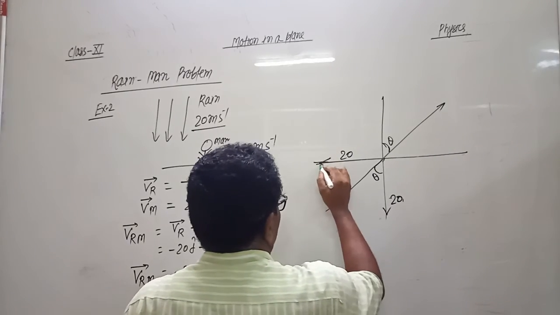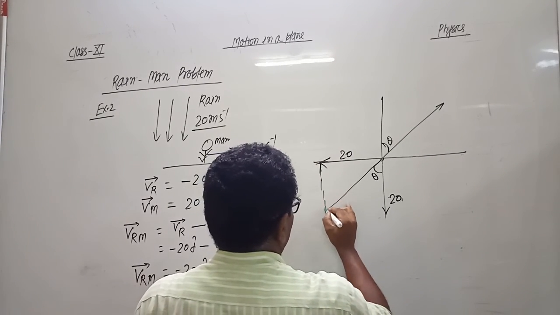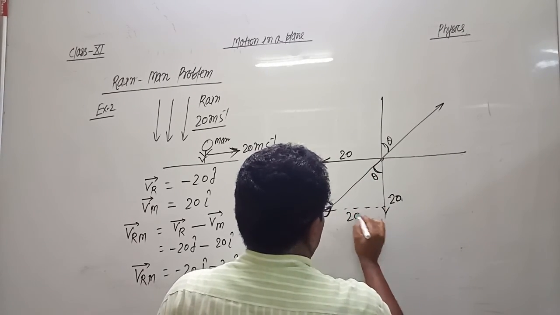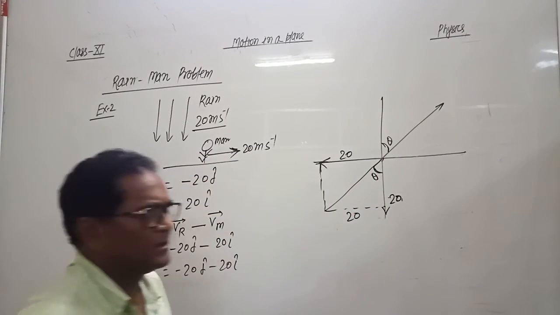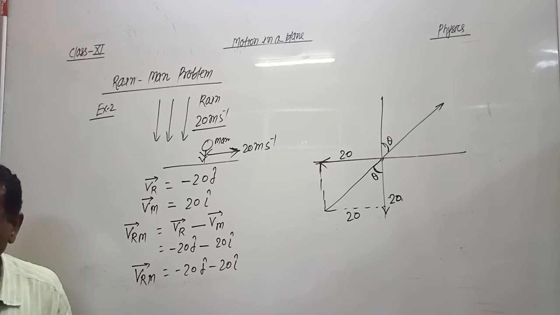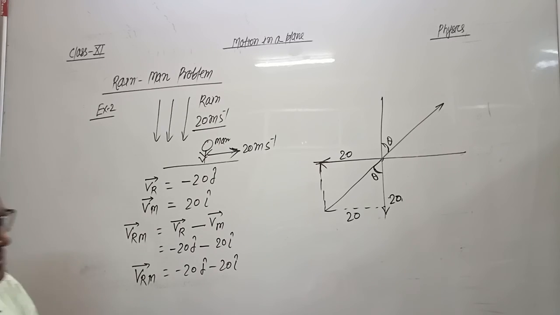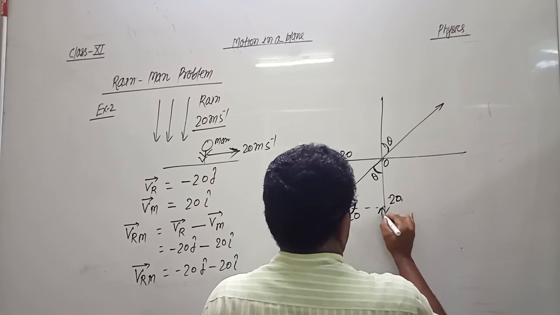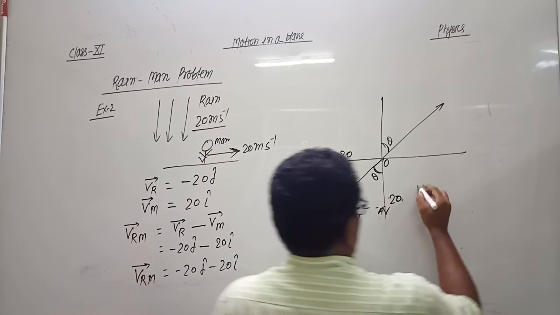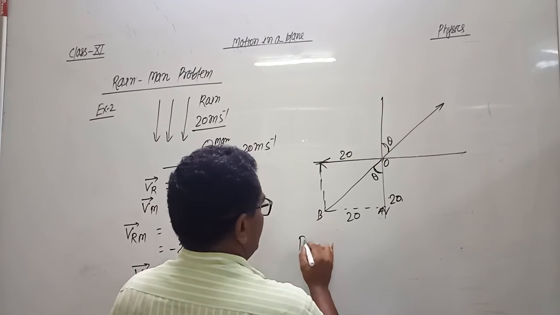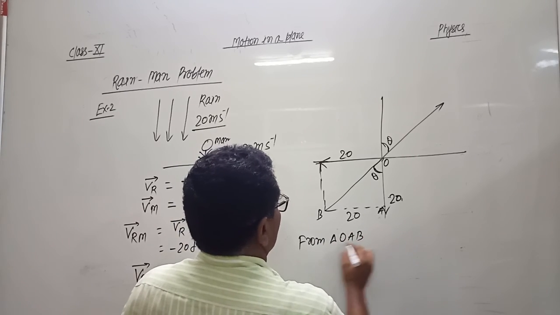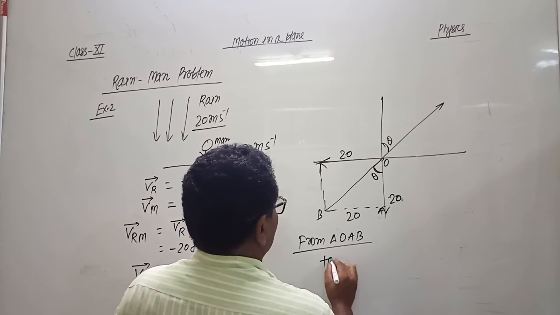Now complete a parallelogram. This is 20, this will be 20, and we have to find the direction. So from triangle OAB, we use the formula for tan theta.